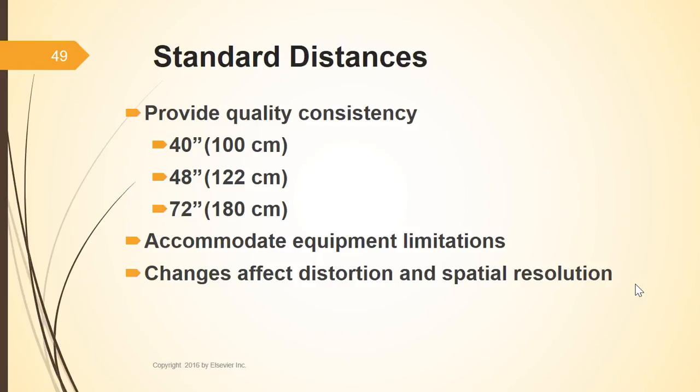Standard distances are used in radiography to accommodate equipment limitations. Except for chests and cervical spines, a 40-inch or 48-inch is standard. The greater 72-inch is used for chest imaging because it decreases the magnification of the heart and it records the heart size more accurately. You will learn about that more when you get to positioning, but it is just a common thing to always do a chest at 72 inches if possible.